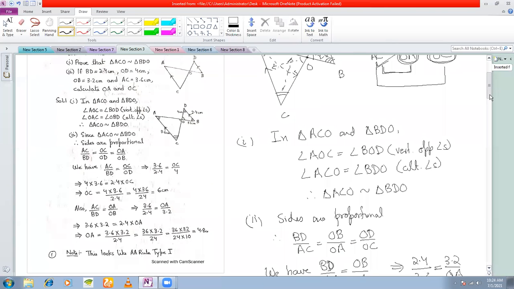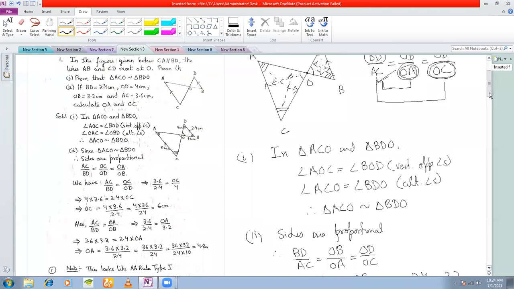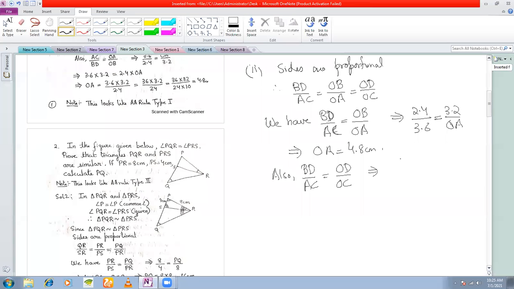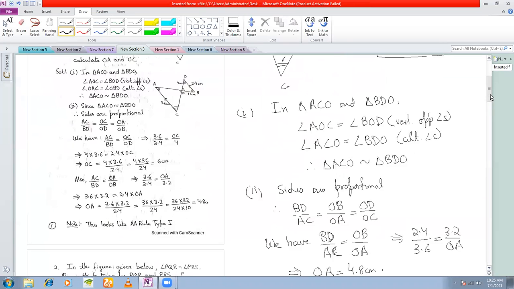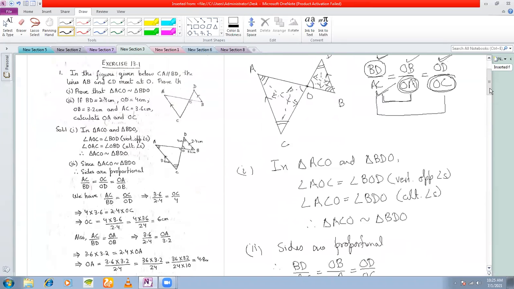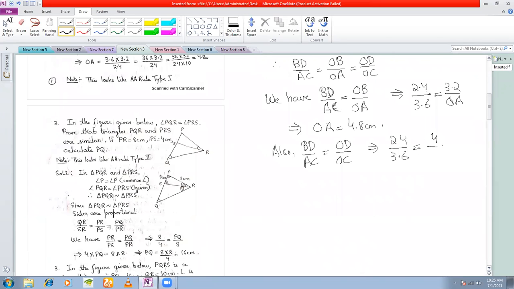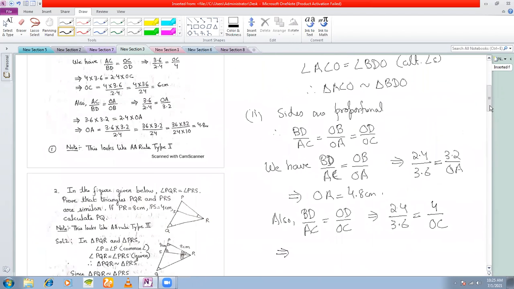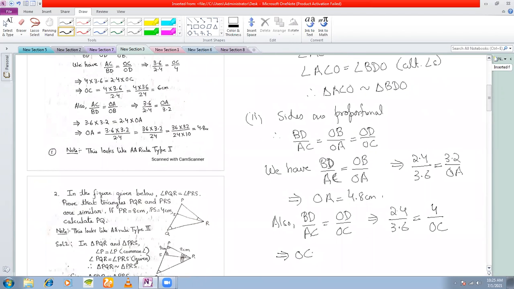BD is given to be 2.4, divided by AC which is 3.6. OD is given to be 4 centimeters in the problem. And finally, you have to find OC. So you can find OC to be 6 centimeters on solving this equation. I'm not solving it here; it is solved. You can check.